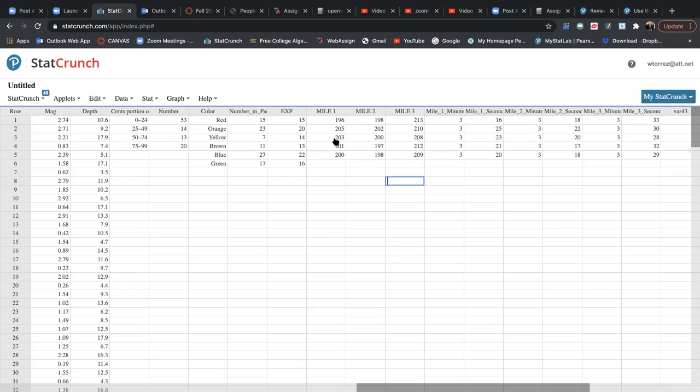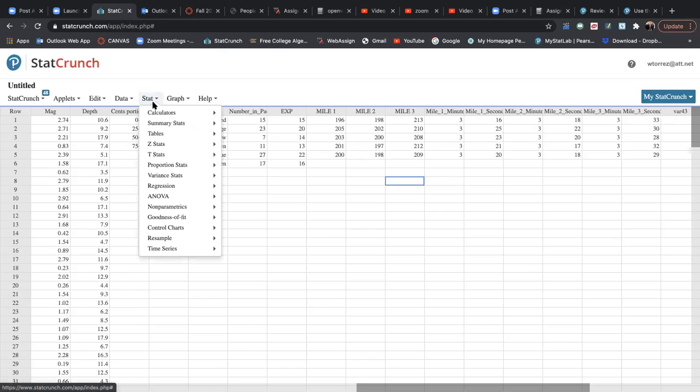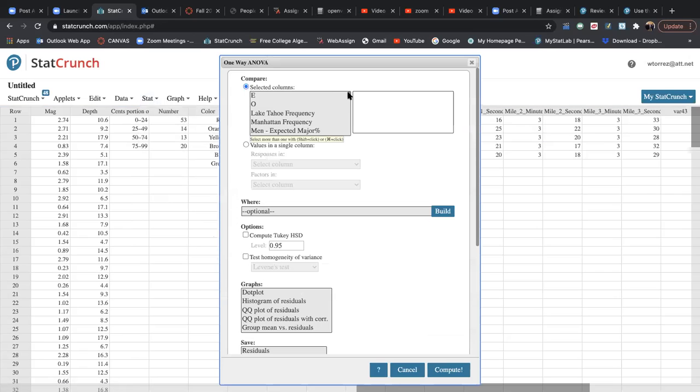And now let's do the one-way analysis of variance. Let's pick the ANOVA here, one way.